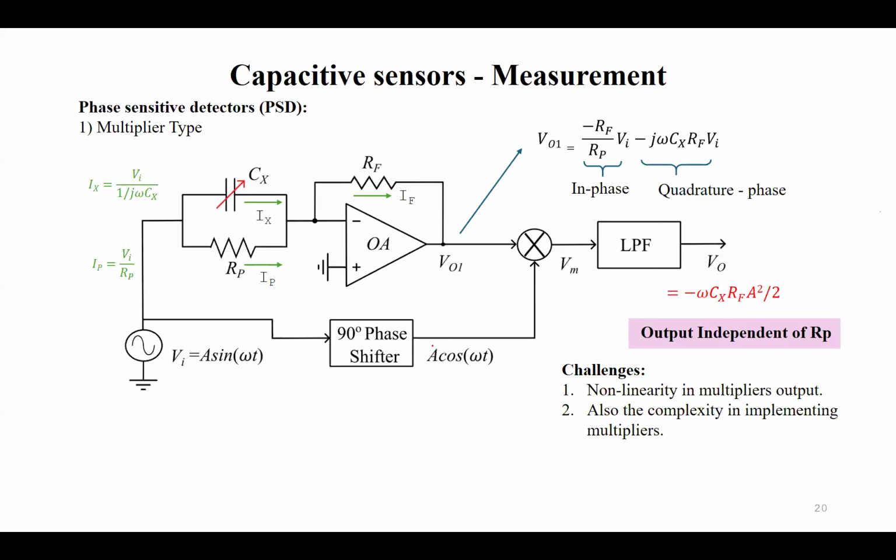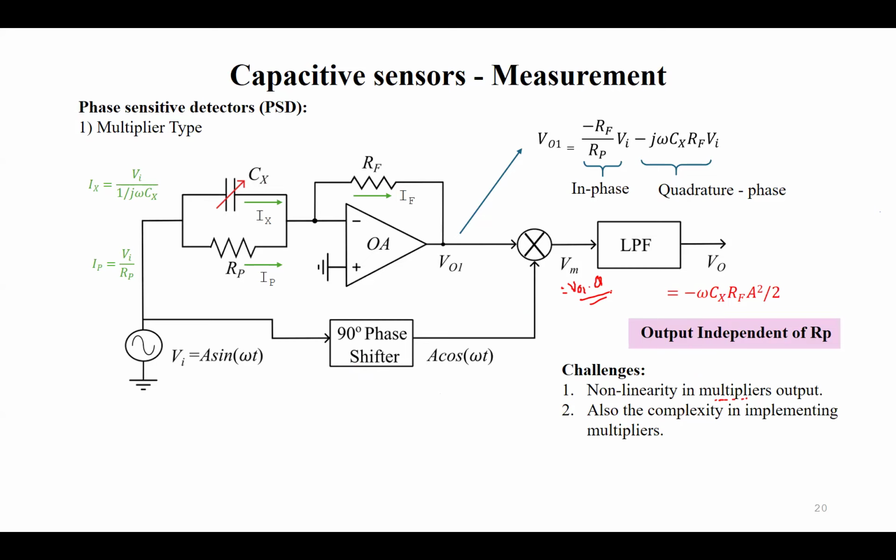But the main challenge of using such a multiplier type PSD is the use of multipliers. Though we write Vm equal to V01 into the quadrature component, when we implement such a multiplier, the output may not be linear. There will be a lot of non-linear components which affect the output.